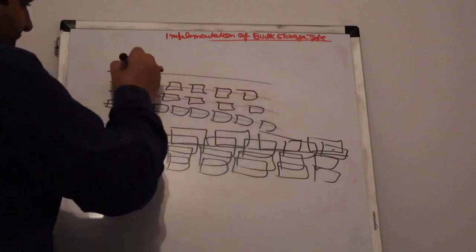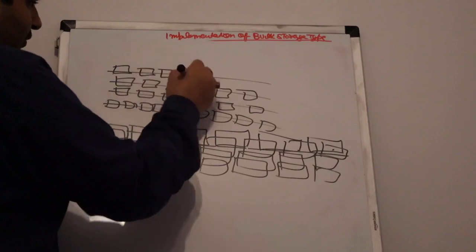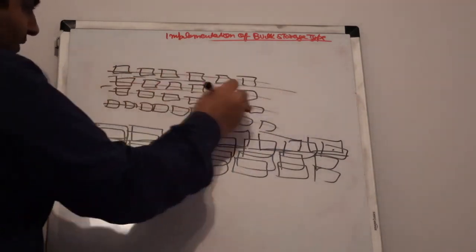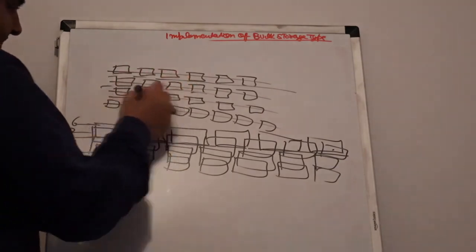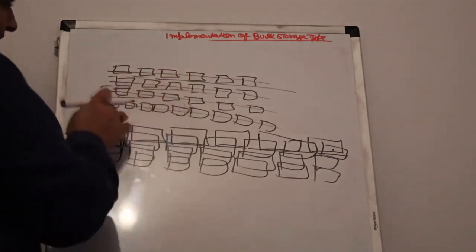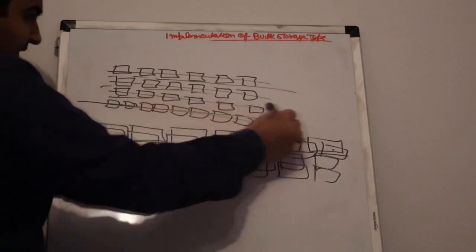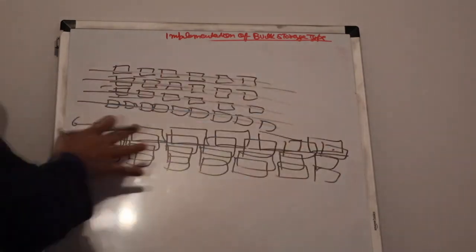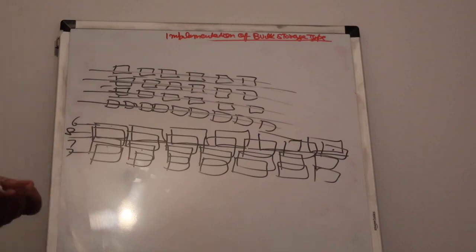Depends upon the business requirement, how the business wants to manage these bags. So we can put some kind of space, or we can avoid this space and just put the bags together. So in this form we can see one row, another row, another row, another row. We have the bags. Okay, these are the row-wise bags.